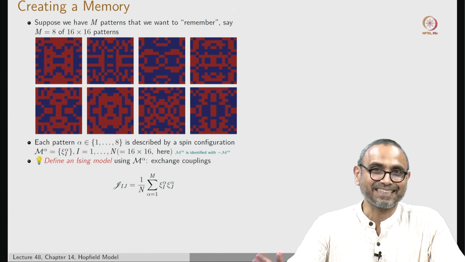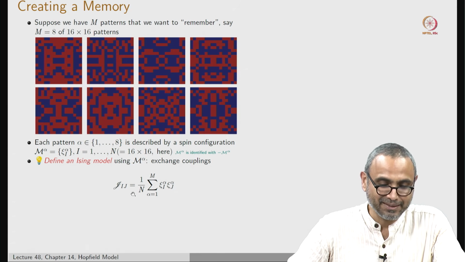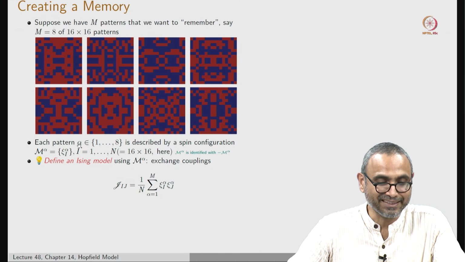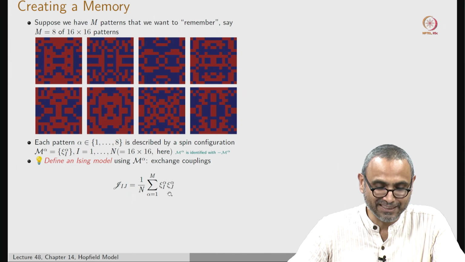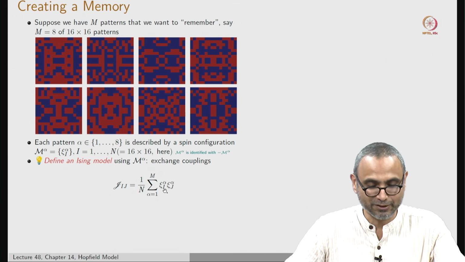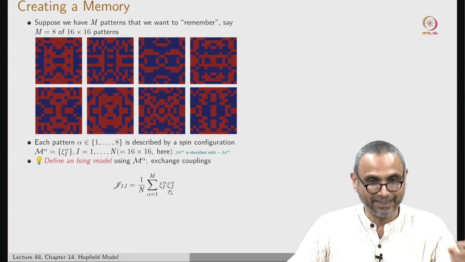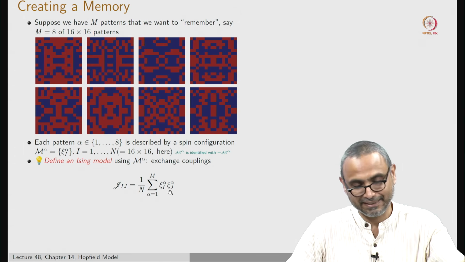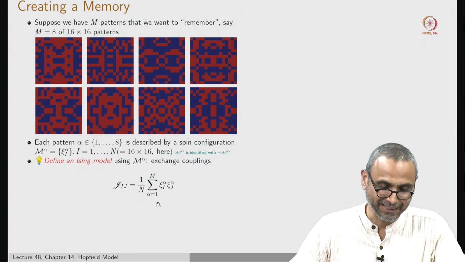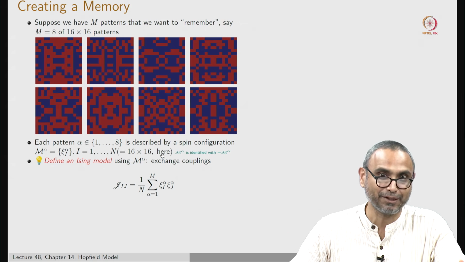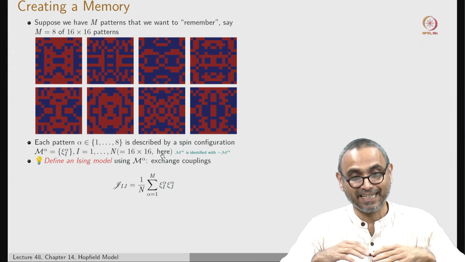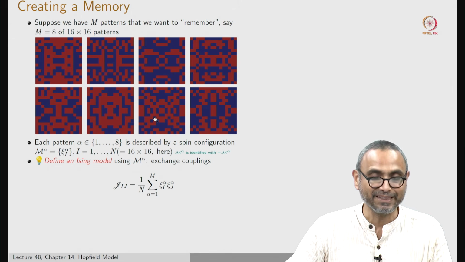And how do I construct these coupling constants? You take the patterns that you want to memorize, and you construct the outer product of these patterns. Outer product in the spin coordinate, so i and j. You take the i component and the j component, the spin at the ith site and the spin at the jth site, multiply them and sum over all the different patterns and divide it by the number of spins.